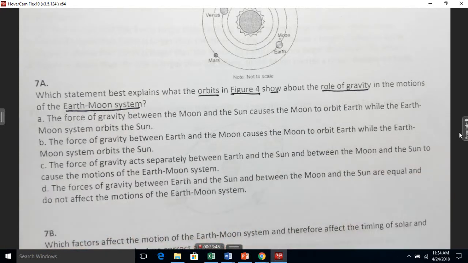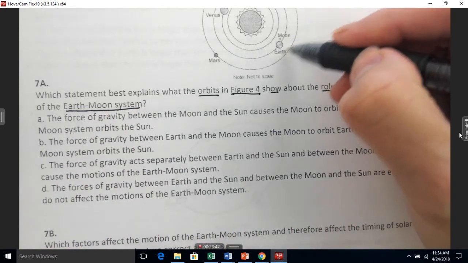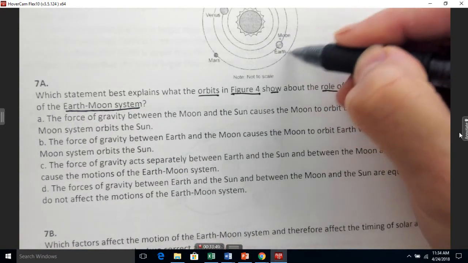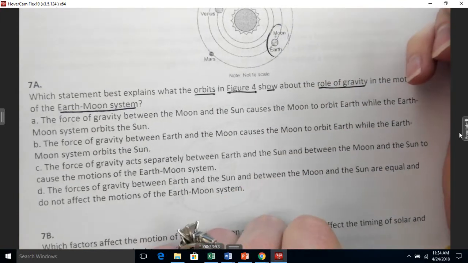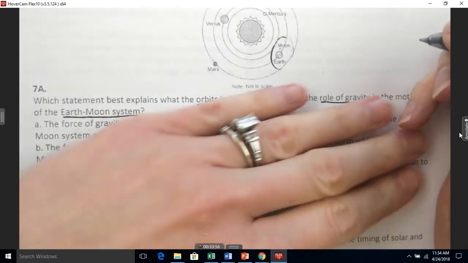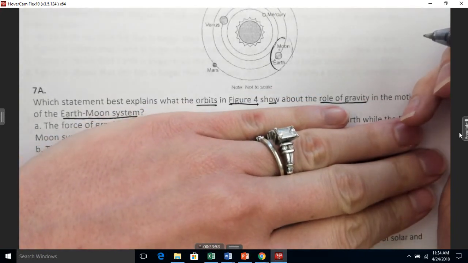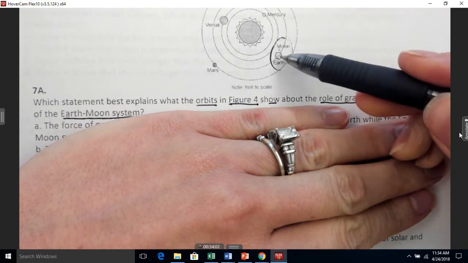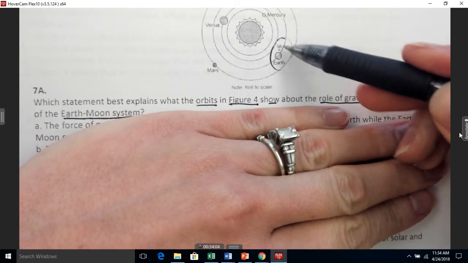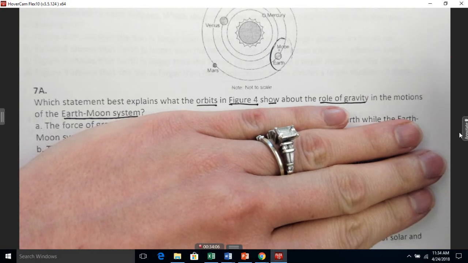Do you see the Earth-Moon system? Yes. Right here. What's the role of gravity right there? I said, what's the role of gravity right between those? What does gravity do? Gravity keeps them together?